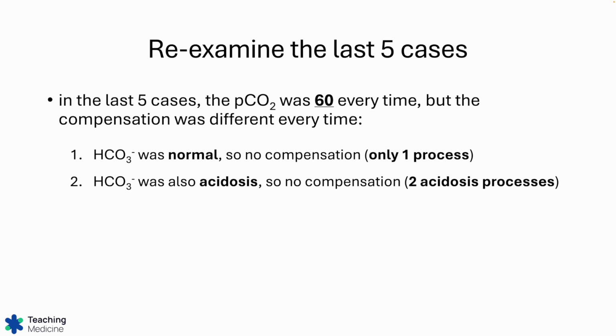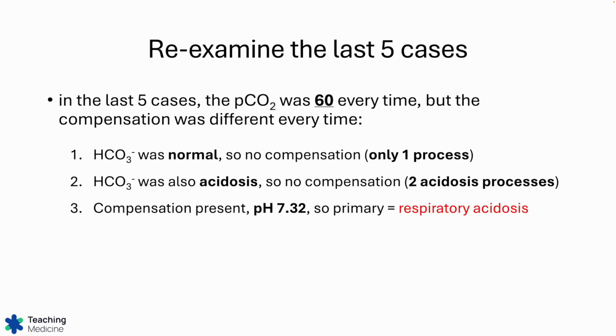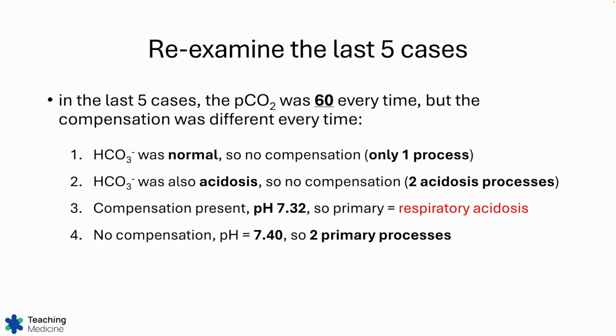In the second case, the bicarb was also an acidosis process, so we had no compensation. In the third case, we did have compensation. The pH was acidemia. Therefore, the primary process was the respiratory acidosis.